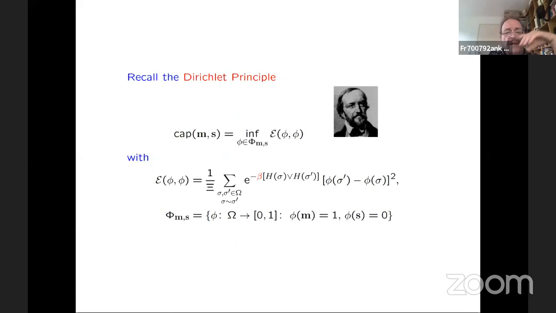Right, so a very quick reminder is that this capacity is given by this Dirichlet principle, and for the specific Ising spin-flip Glauber dynamics that we are dealing with, this Dirichlet form takes a particular form. It's always a square of differences of a test function, and here there is a nice function in front that comes from this Metropolis dynamics. And you're looking at all possible transitions where you flip a single spin. That's what this twiddle means.